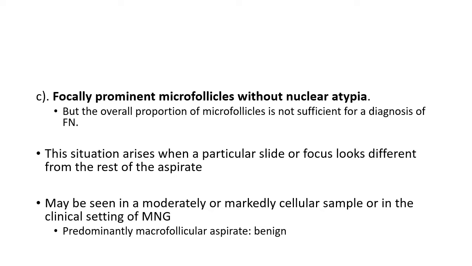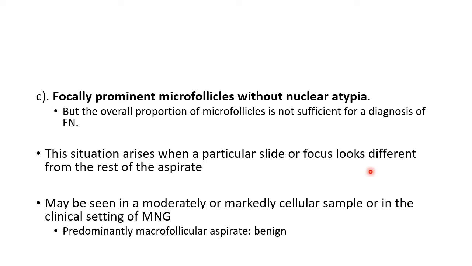Then another scenario where we can have AUS with architectural atypia is if you have focally prominent microfollicles without nuclear atypia, but the overall proportion of microfollicles is not sufficient for a diagnosis of follicular neoplasm. This occurs when a particular slide or focus looks different from the rest of the aspirate.